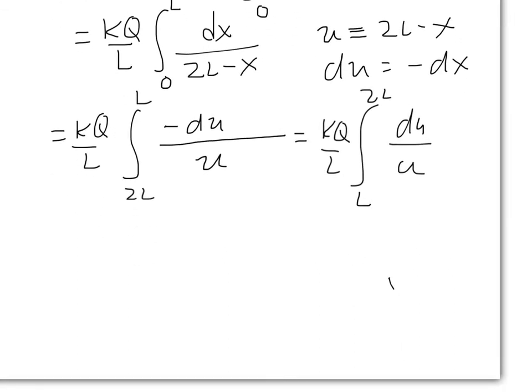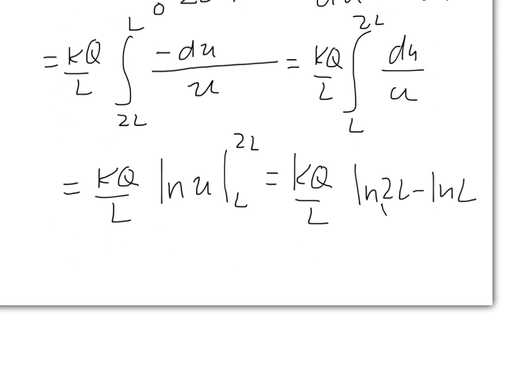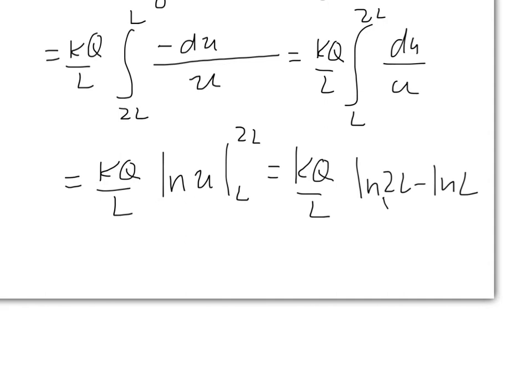Let me scroll up here, give myself some room. To continue, we have kq over L. Now the integral of 1 over u is log u, which is kq over L times (log 2L minus log L). To continue scrolling, just as I run out of room, I get the final answer.